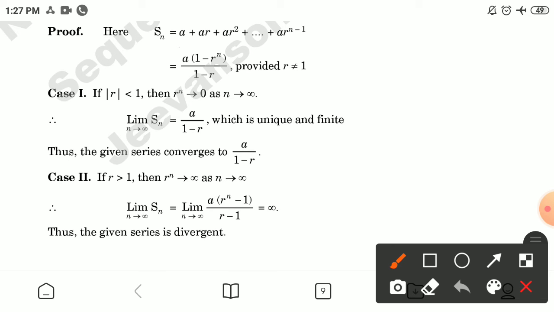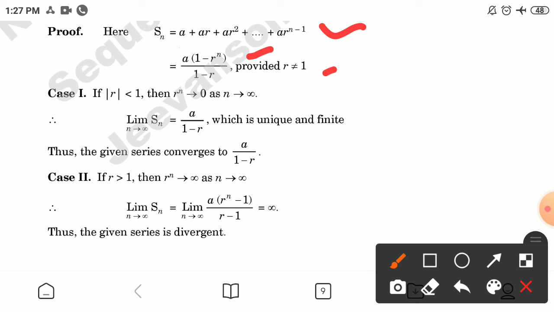For the proof, Sn is equal to a plus ar plus so on ar raised to power n−1, and its sum is written as a(1 − r^n)/(1 − r), provided r is not equal to 1.